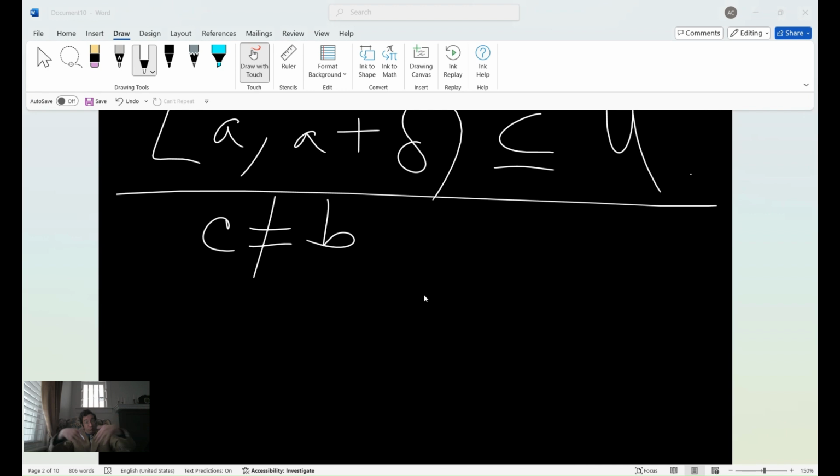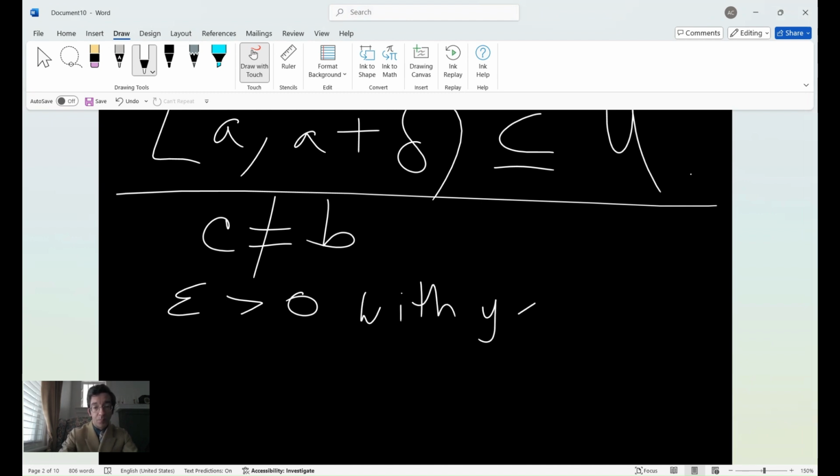It's a parallel argument. So here we could choose epsilon as greater than 0. And from here, we need y to be less than y plus epsilon. And that has to be less than f of b.